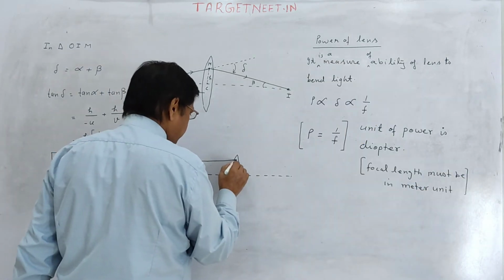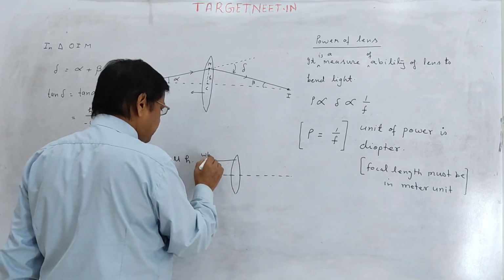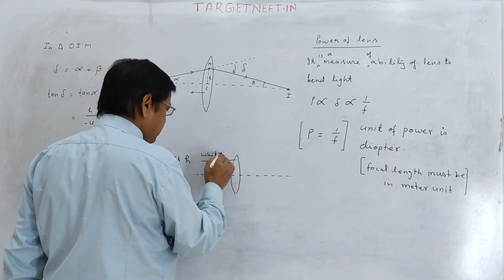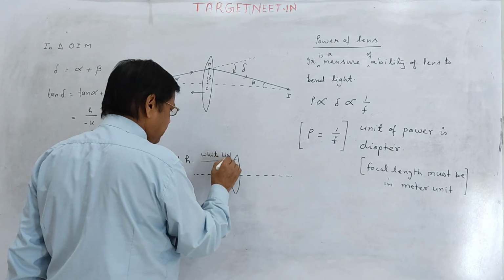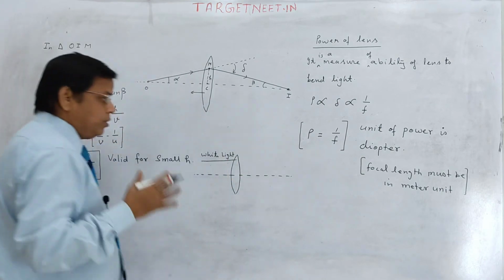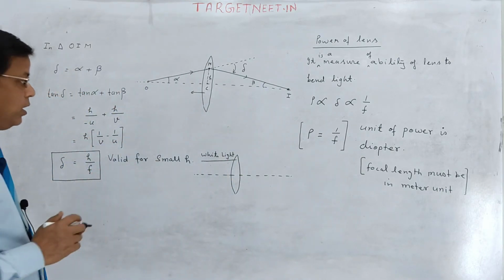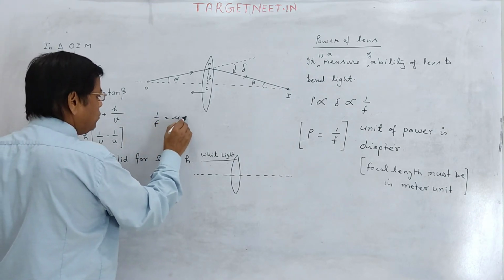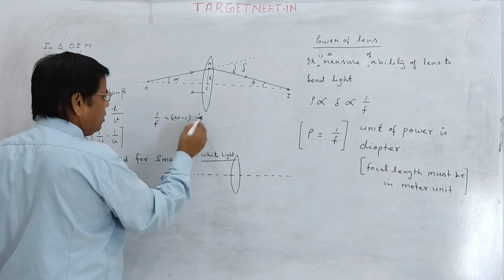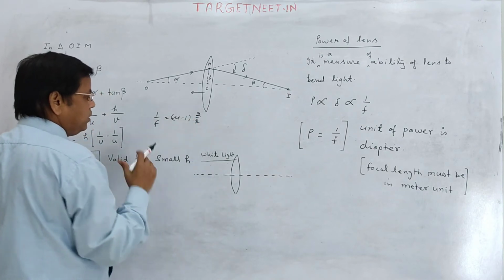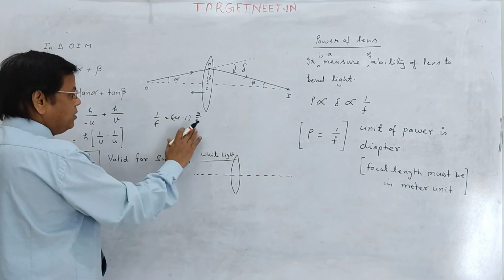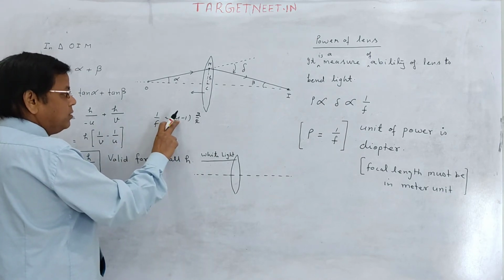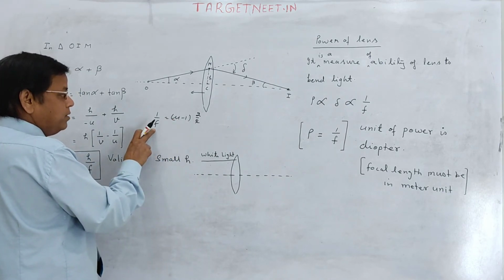This is white light. Then you know different color has got different focal length, because 1 upon focal length is mu minus 1 into 1 upon r1 minus 1 upon r2. If equiconvex lens, then focal length is this. It means more is the refractive index, lesser will be focal length.